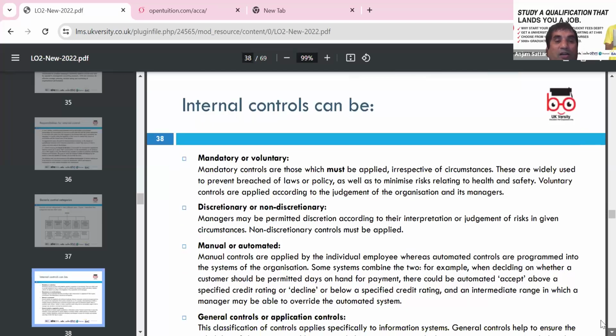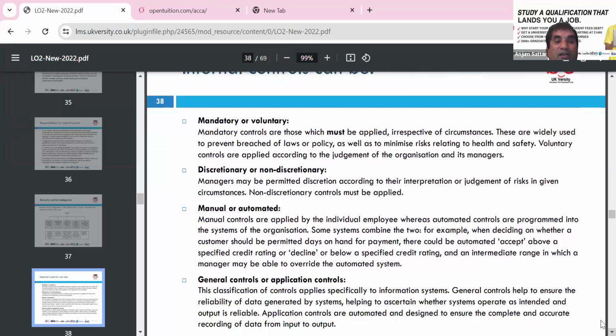Okay, so internal control: mandatory or voluntary, discretionary or non-discretionary by law. We have to maintain records, like health and safety records. We need to maintain the health and safety and fire alarm systems, and we need financial and non-financial interpretation and judgment, because otherwise there is a huge risk.